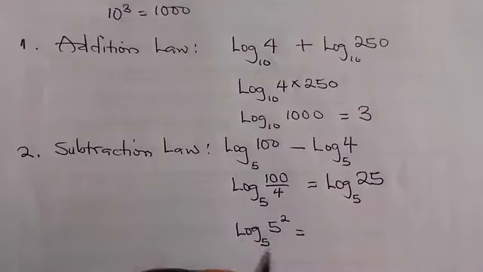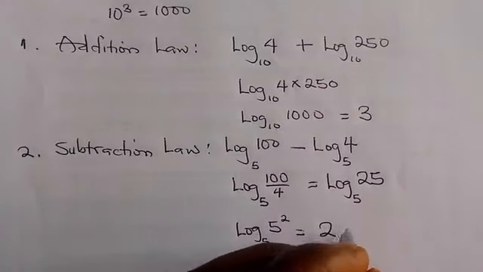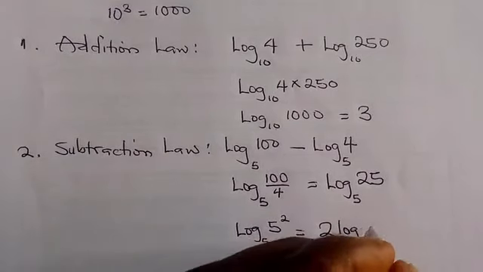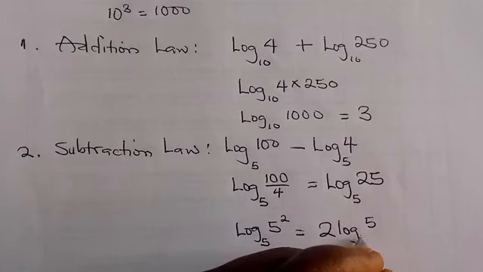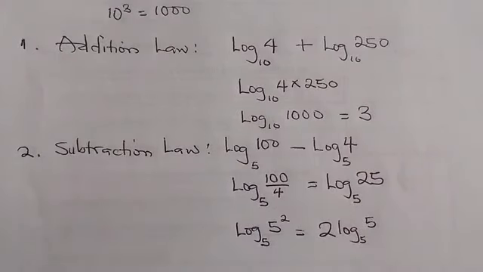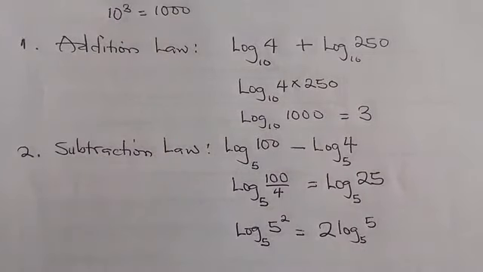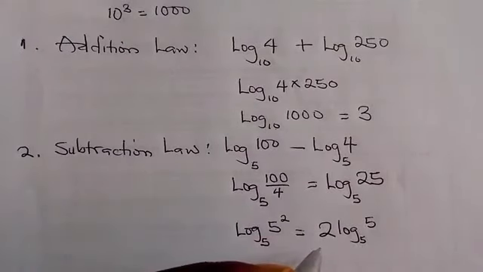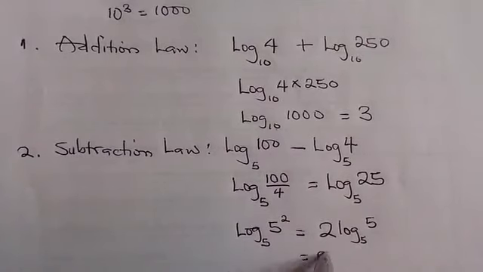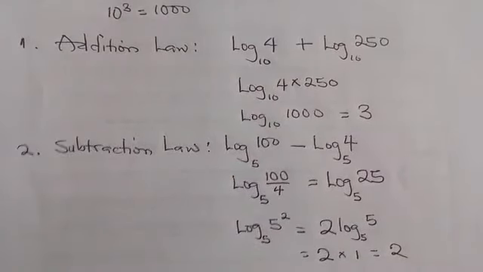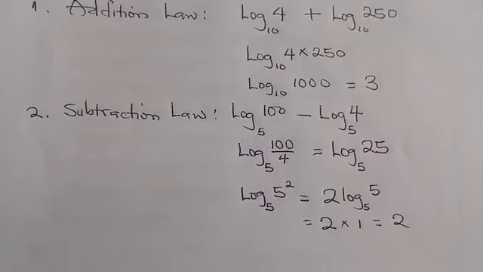When you have a power like this, you are going to multiply it by the log itself. So we have 2 log 5 to the base of 5. And a log to itself, that is another law again that we are already touching. When you have log 5 to base 5, the answer is 1. So that we are going to have 2 multiplied by 1 equal to 2. That's how to solve this kind of problem using subtraction law.